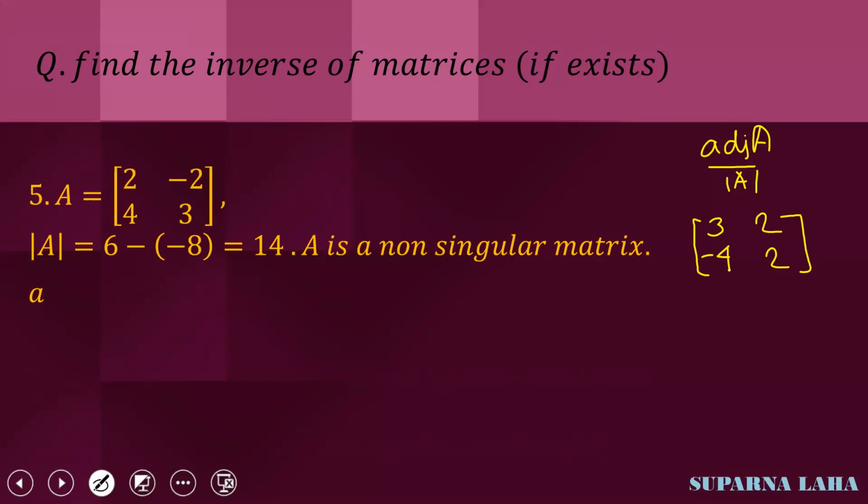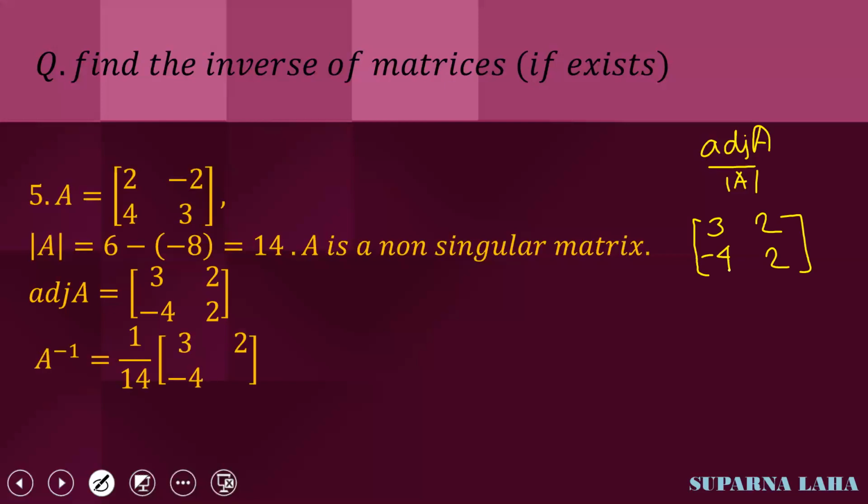So that's the adjoint of A, 3 2 minus 4 2. Now adjoint A upon determinant A. So put the value, A inverse equals 1 by 14, 3 2 minus 4 2, this 2 by 2 matrix. So this is your answer.